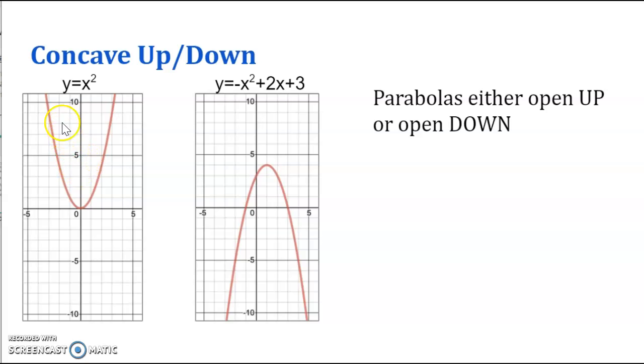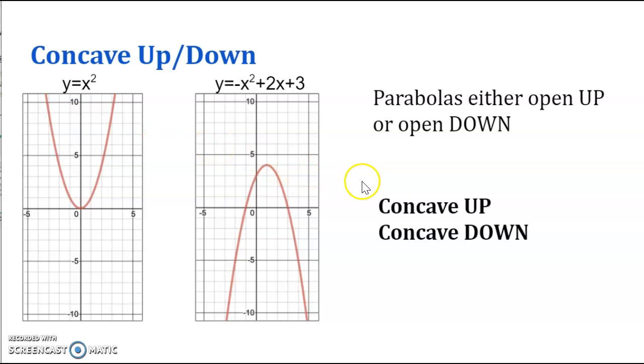The first graph you can almost see as a bowl where it's opening up, it can receive stuff, while the second one is as if the bowl is put upside down. So we say this is opening down, and the first one is opening up.